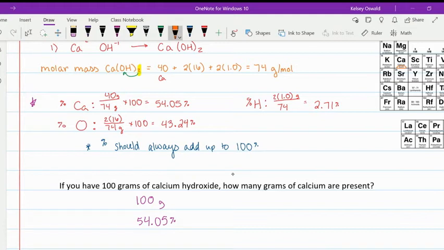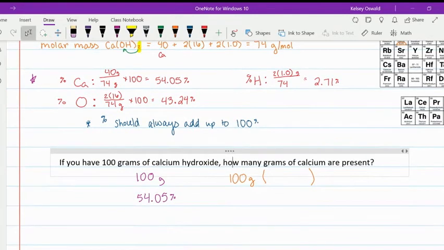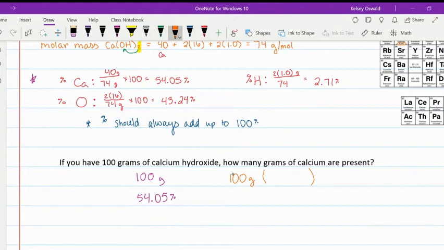To find out what that would be, we do 100 grams, the total mass of calcium hydroxide, and then multiply that by what percent of that is calcium. Just make sure you convert that percentage to a decimal. So 54.05, to convert it to a decimal, we divide by 100, and we end up with 0.5405.